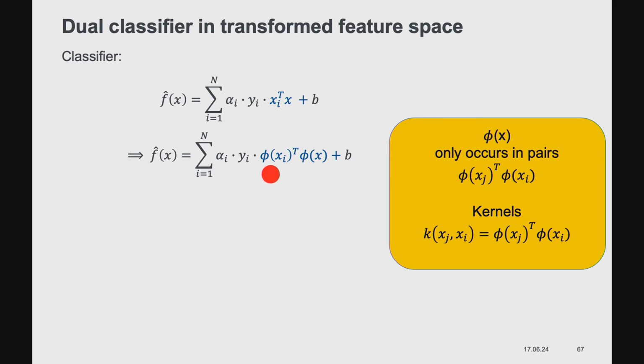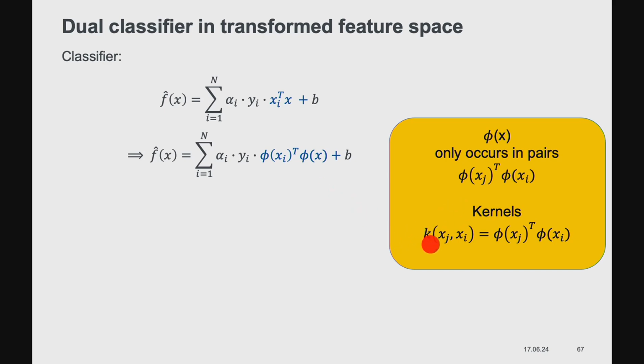Now, actually, we do not even need the phis. Why not? Because the phi of xi never happens in isolation. It only happens together with the phi of x.